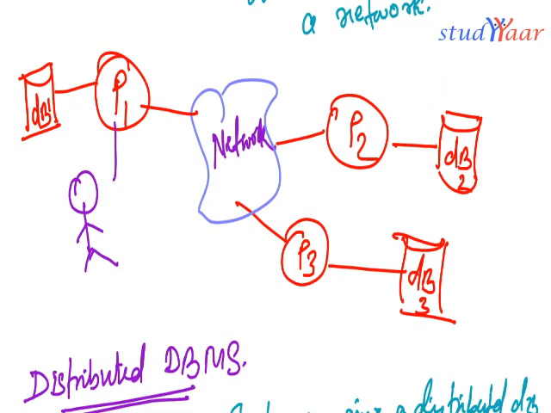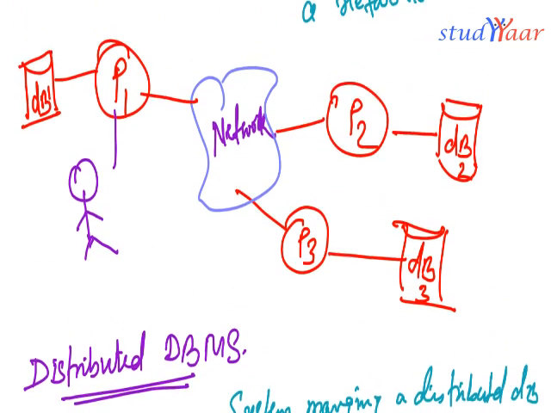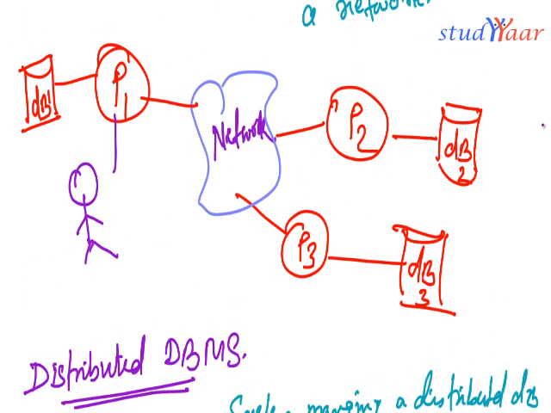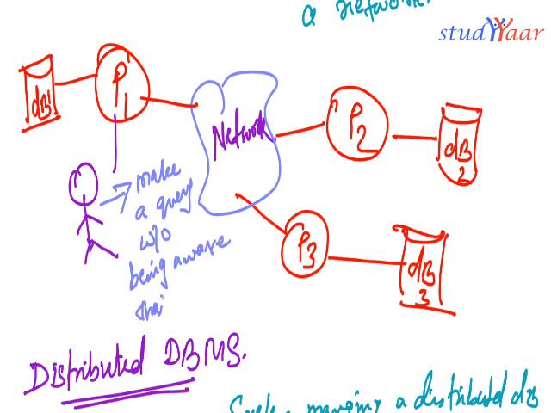If my distributed database management system makes the distribution transparent, then this person can make a query without being aware that my database is distributed.